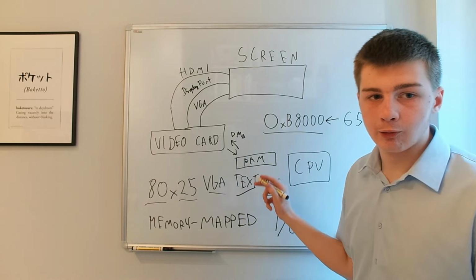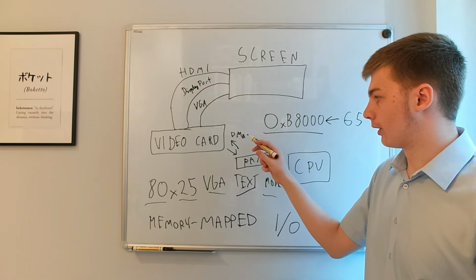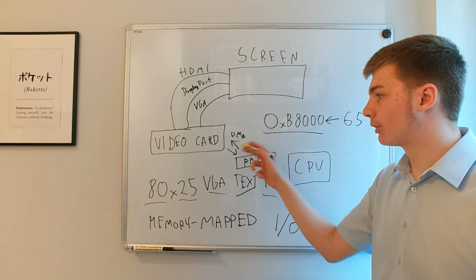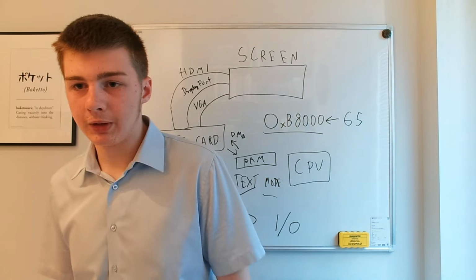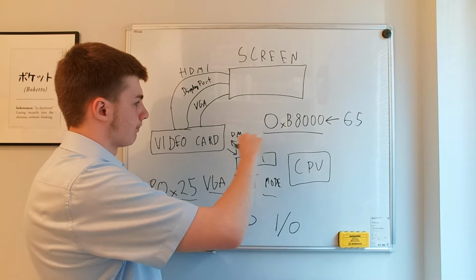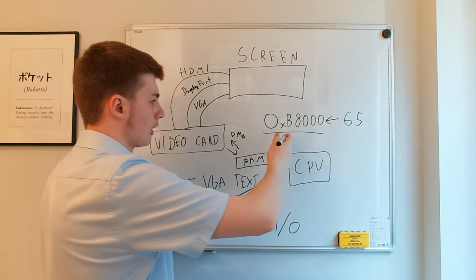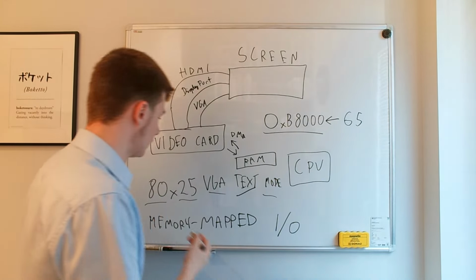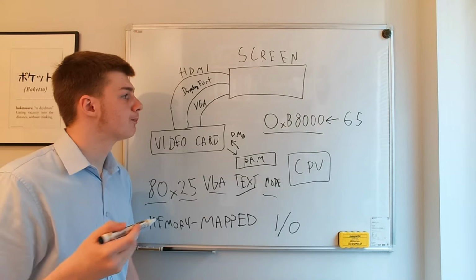The video card can access RAM directly through direct memory access. Might not be the case, depends on the exact technology. Either way, 65 is placed at this address, the base address of the buffer for this specific mode, but if I recall correctly, for all VGA text modes.